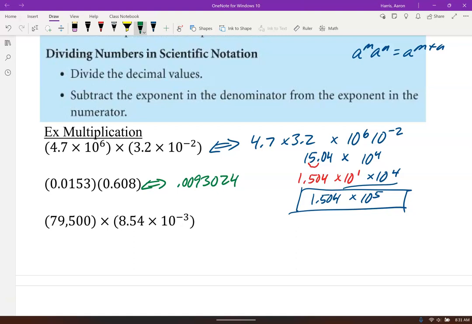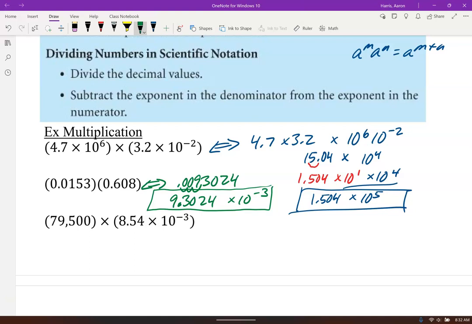That's the easiest way to do that one. So now I got to move that to there, 9.324. So I moved it. I'm going to check it, right? If I take that 9.324, I got to move it left to get it back to 0.009324. So it'll be 9.324 times 10 to the negative 3. All right?